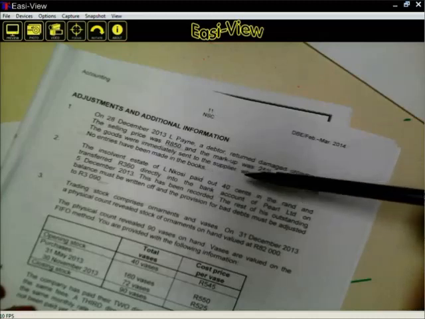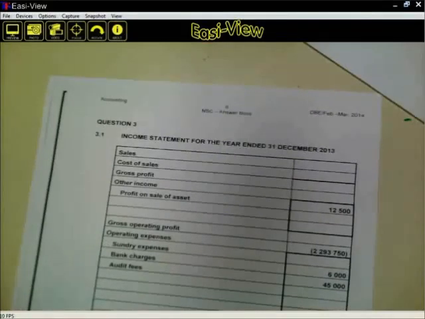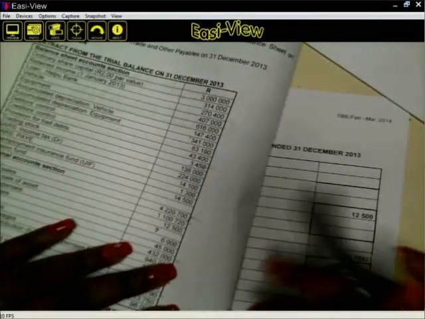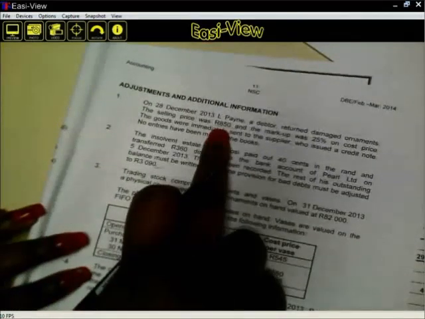So it means this affects our sales. We agreed that our sales is 4,220,700, less the 850.